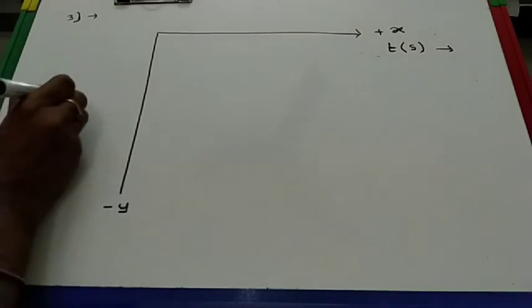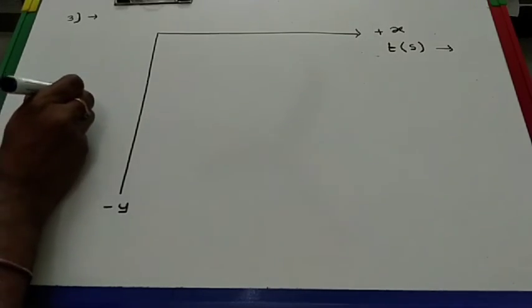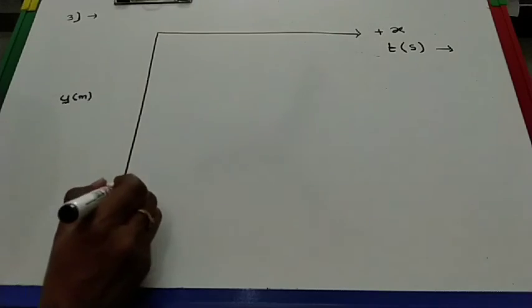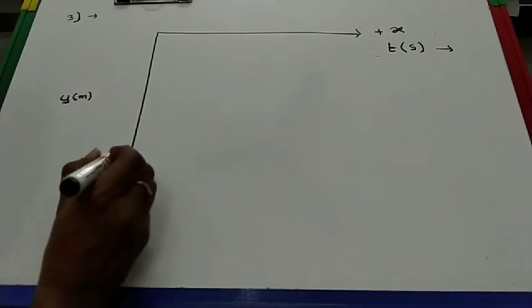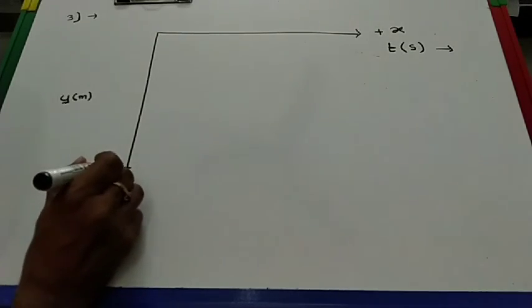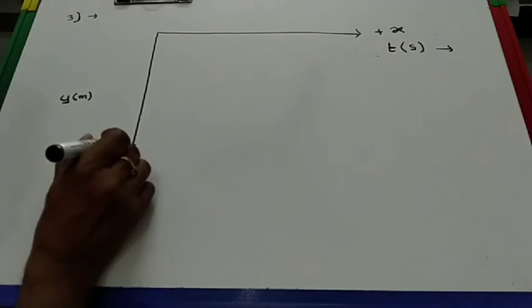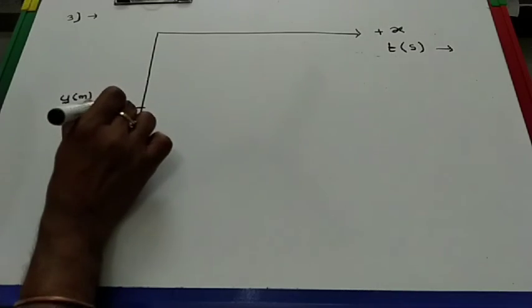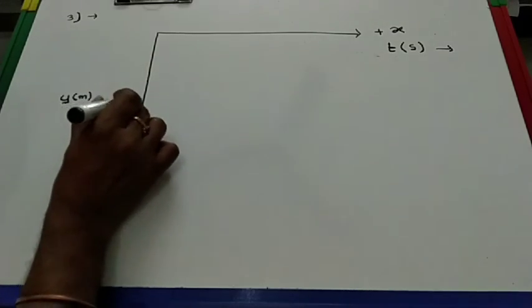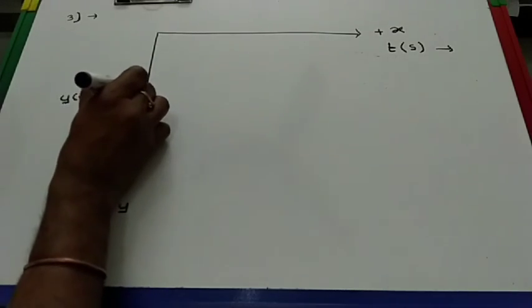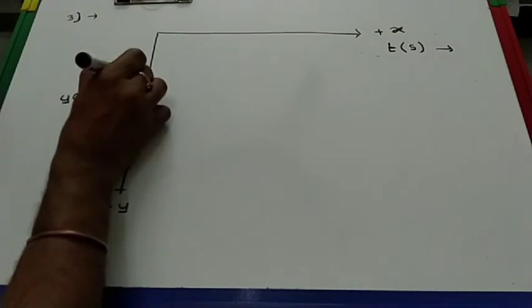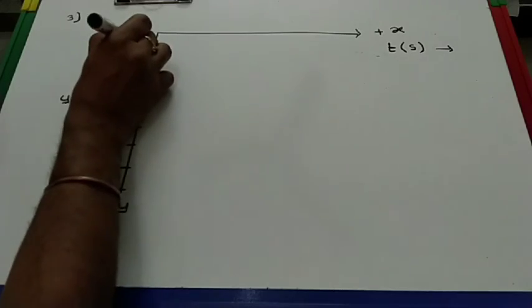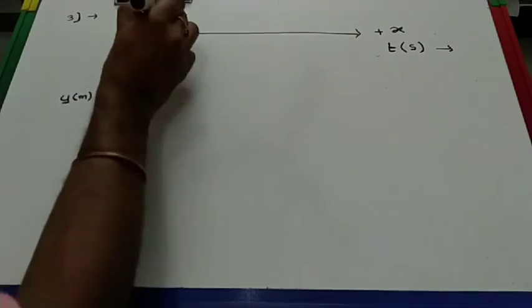On y-axis I took distance, in meters. Here I took 90, 80, 70, 60, 50, 40, 30, 20, 10, 0.